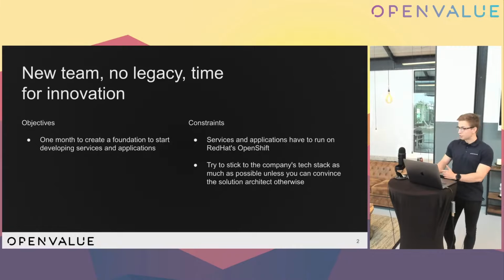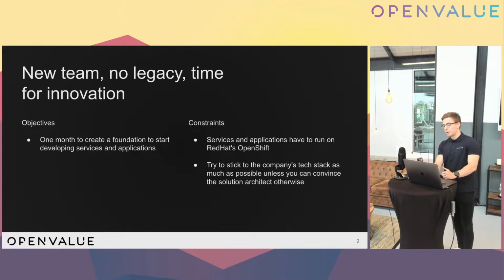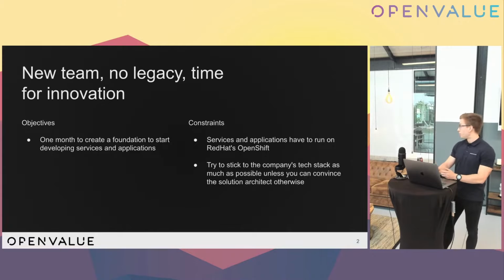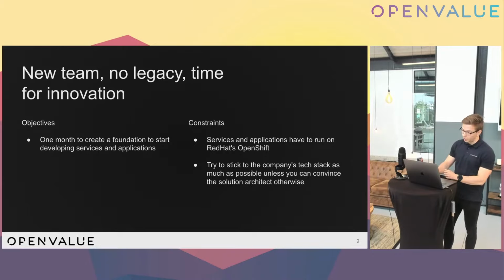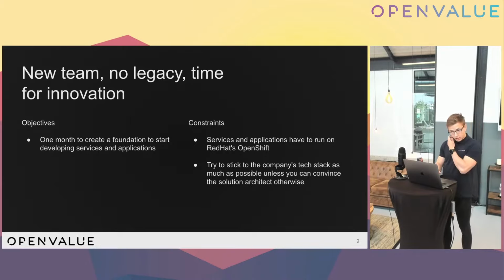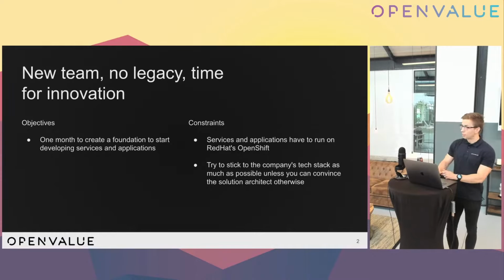We had a couple of constraints from the solution architect that we had to run pretty much all the services on OpenShift, and stick to the company's tech stack as much as possible. But if we could convince the solution architect otherwise, then we were good to go as well. The same goes for our CI/CD solution.